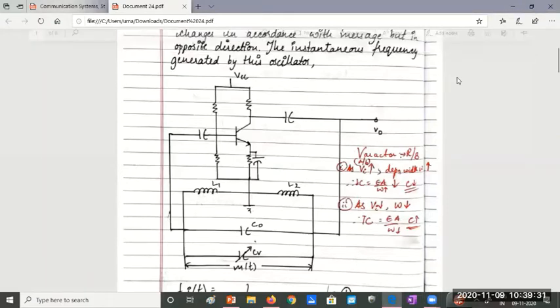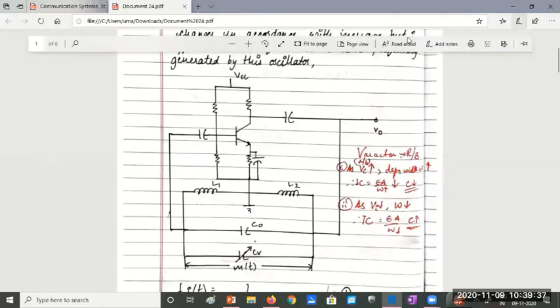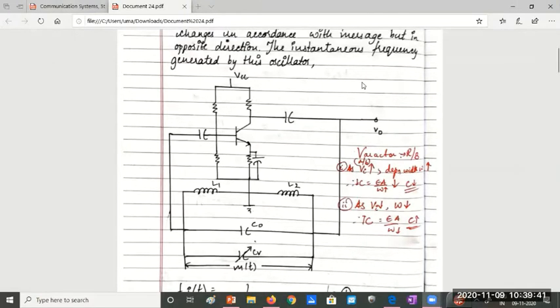It is a diode and a capacitor together. Usually we represent a varactor diode as a diode with a capacitor, and here it acts like a variable capacitor. Okay, a varactor is nothing but a variable capacitor.